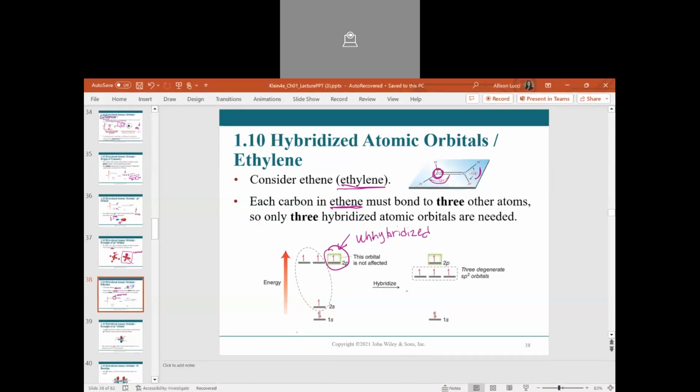So we only need 3 total. One for the double bond, that sigma bond, and then 2 sigma bonds for the hydrogen atoms. So we have a total, right? 1, 2, 3 sp2 hybridized orbitals, degenerate, all the same energy are now created. And those would be all the sigma bonds that form from these 3 hybridized orbitals.